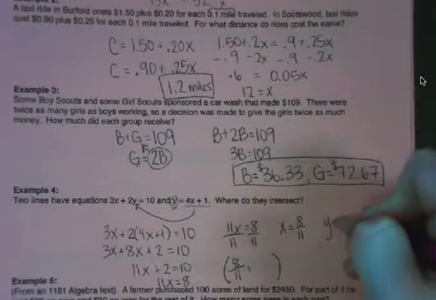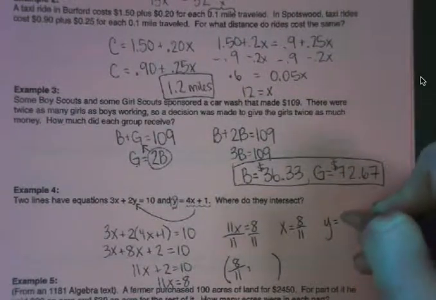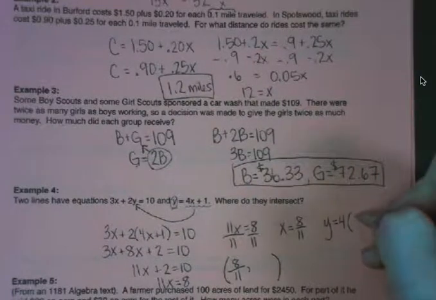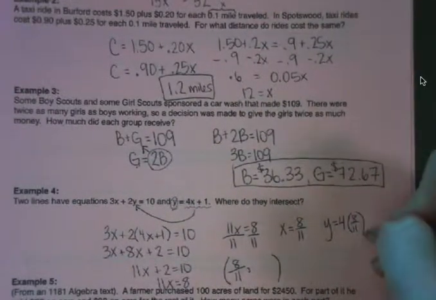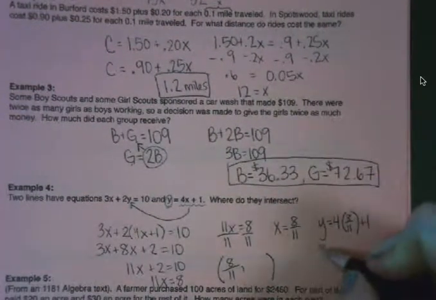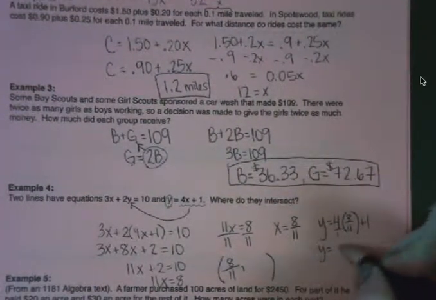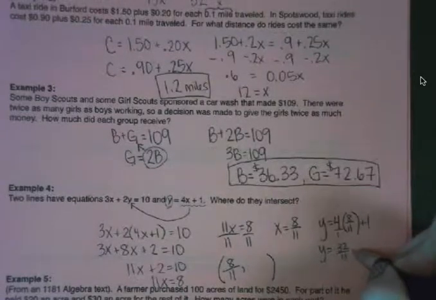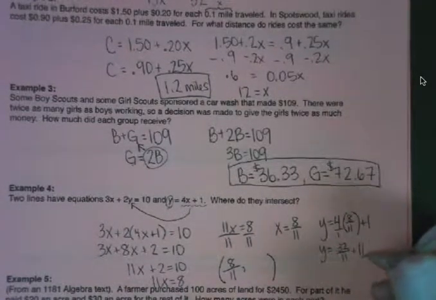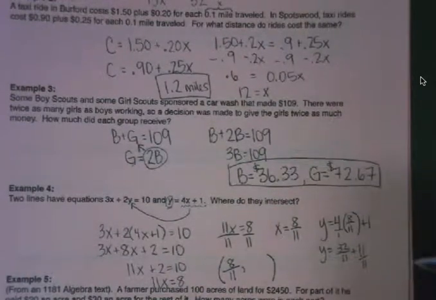So y equals 4, instead of writing x, I'm going to put the value, 32/11 plus 1. Let's make that 11/11, because that's the same as 1.